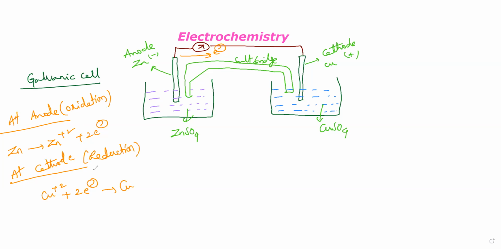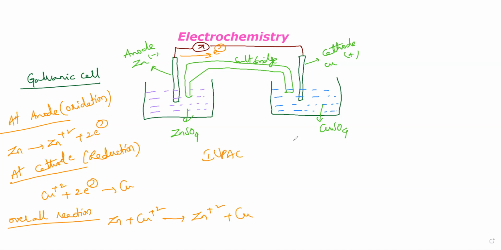So you can keep this as a generalization, because always at anode oxidation takes place and always at cathode reduction takes place. Now let us write the overall reaction. Zn and Cu+2 react together to give Zn+2 as well as Cu, right? Then the IUPAC representation.